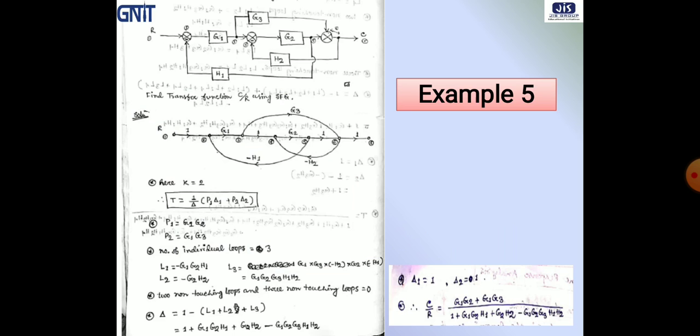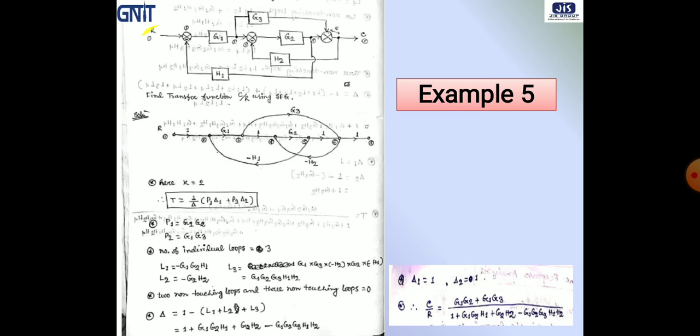Now this is our one example. Here this is the block diagram. We have to calculate the overall transfer function by using the signal flow graph. So here all input and output, summing point, takeoff point, all are considered as nodes.